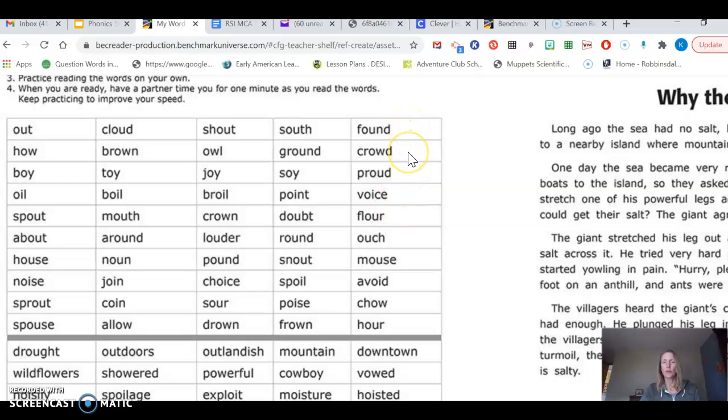Found, crowd, proud, voice, flower, ouch, mouse, avoid, chow, hour.